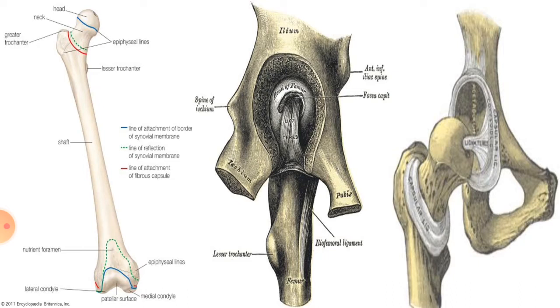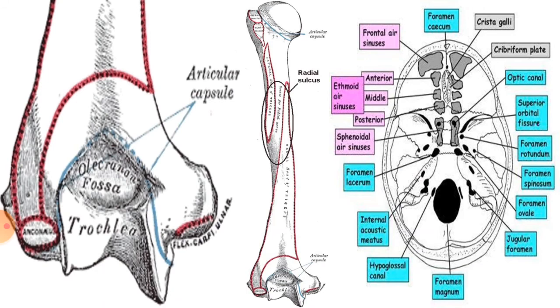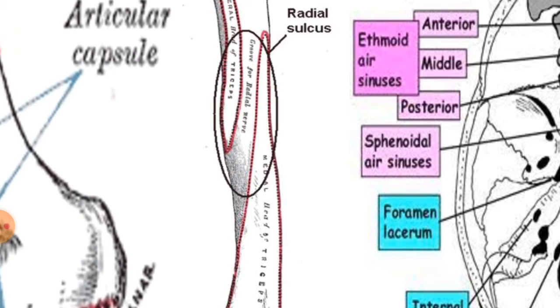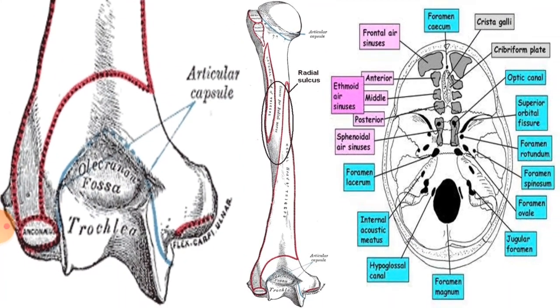For example, the suprascapular notch of scapula. The groove or sulcus is a depression that would have some length. For example, the radial groove of humerus. This is the radial groove of the humerus, and here the radial nerve travels. So the groove or sulcus would be a depression with some length. Similarly, the intertubercular sulcus of humerus, which I told you is between the greater and lesser tuberosities of the humerus, and there will be space between the two.